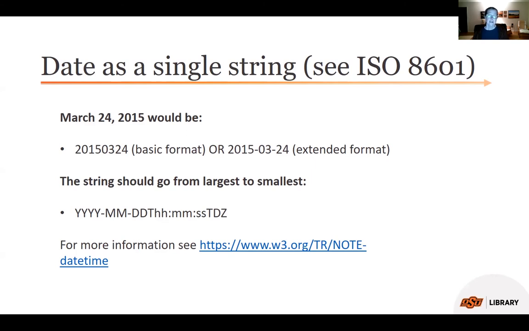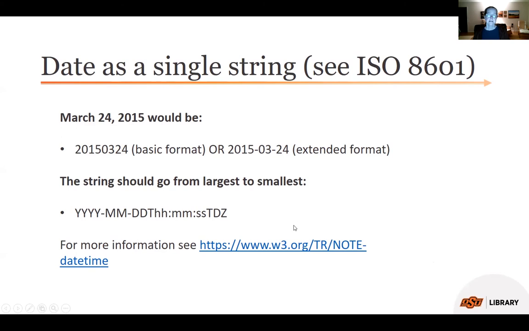And if, in fact, you should need to have additional information, such as time, the format would look like the second bullet point, where it's year, month, date. The T indicates that after that is time. So then HH is hour, then minute, second, and then TZD is where you're able to indicate a time zone.